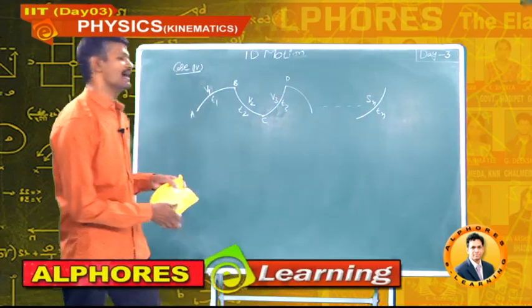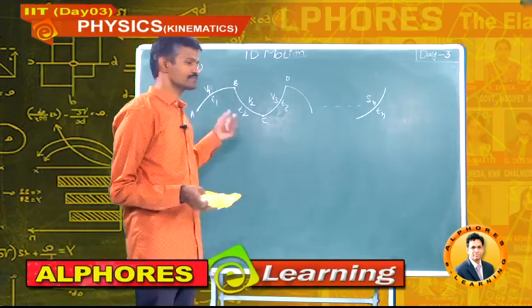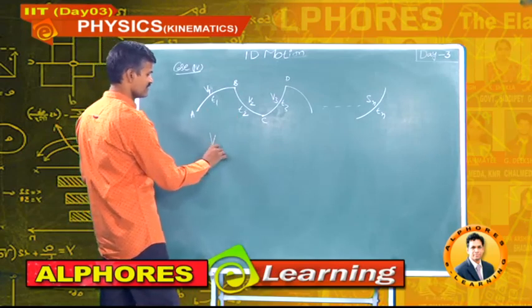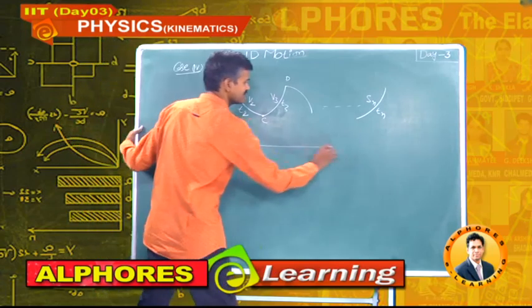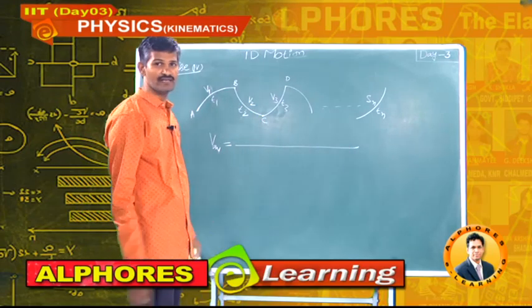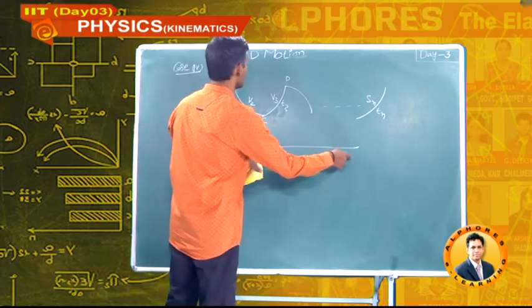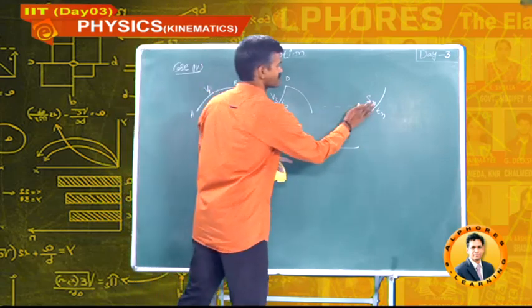How to calculate average speed in this case? What is the definition of average speed? Don't forget the definition. The definition is important. Average speed is the total distance travelled by the body divided by the total time.